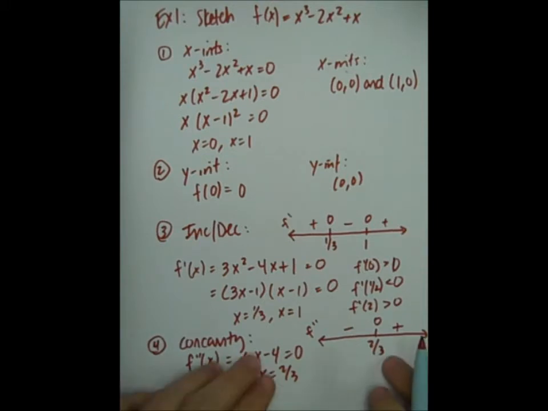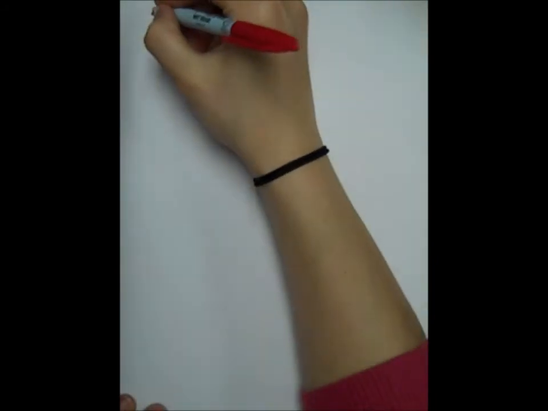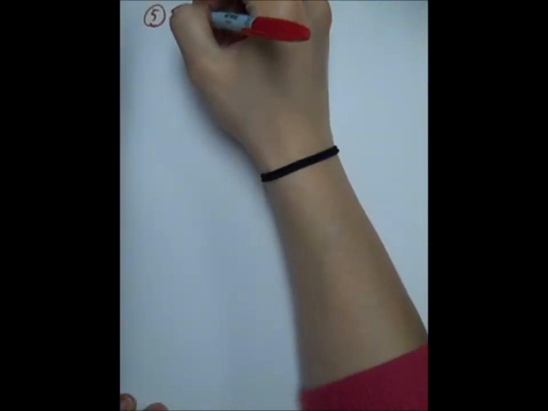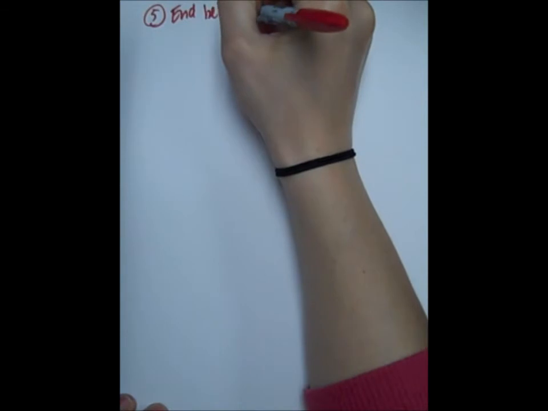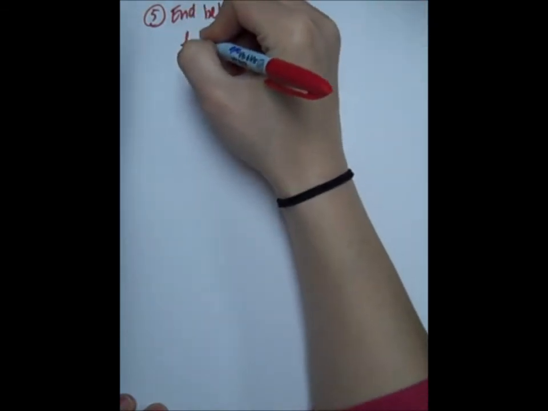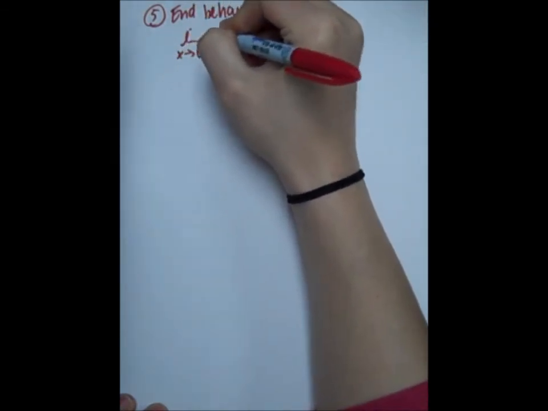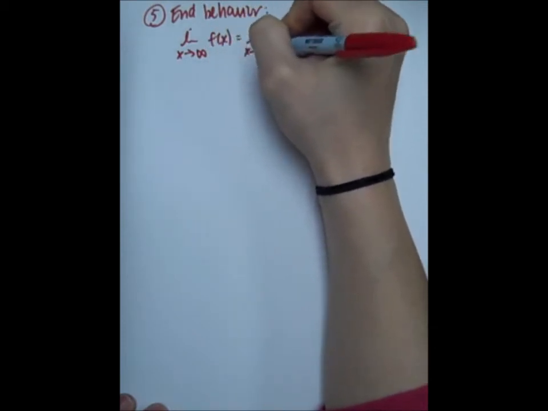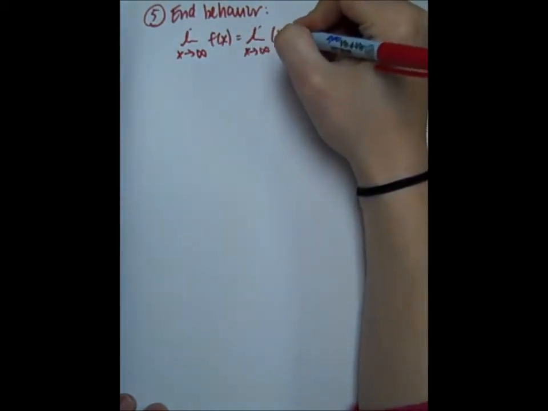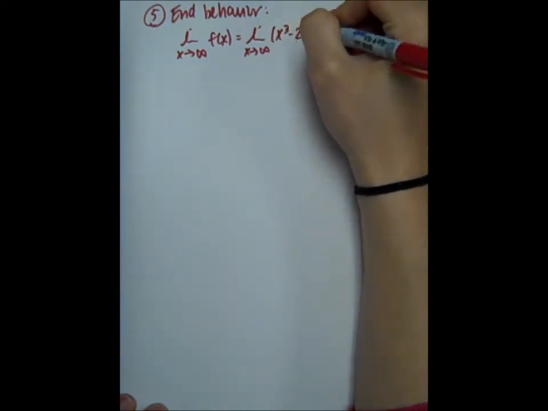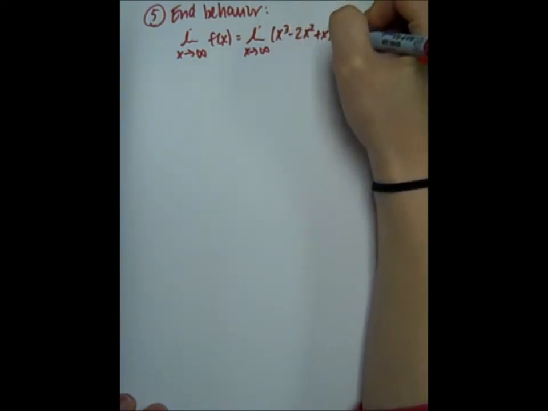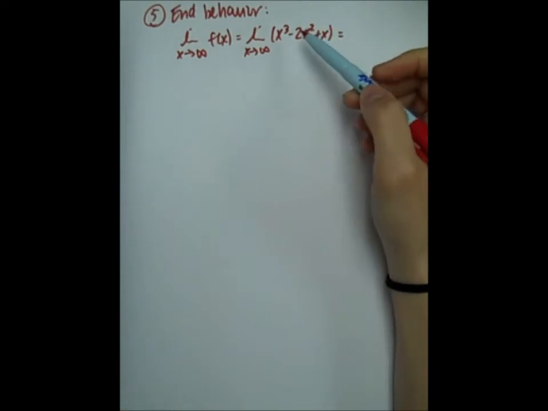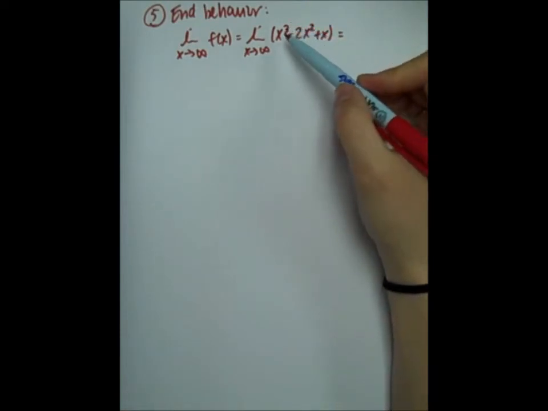Okay, so I've done increasing, decreasing, and done concavity. Next was end behavior. So there are 2 limits I'm going to look at. I'm going to look at the limit as x approaches infinity of my function. The function here was x cubed minus 2x squared plus x. So go back to our limits about polynomials.